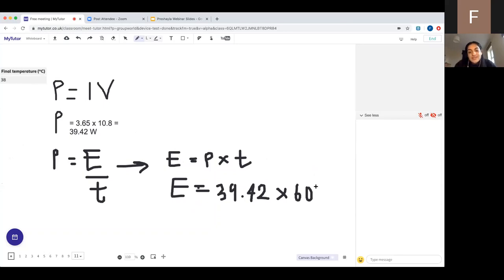So could you please work out the energy being transferred to the block? So what is the energy? Remember, energy is power times time. So what would the energy be?